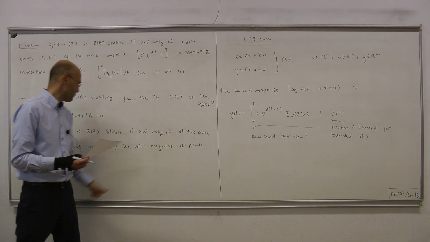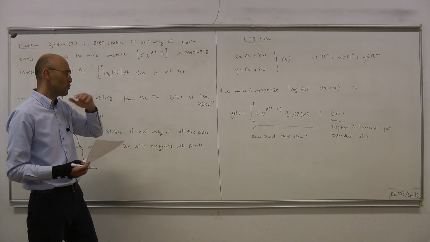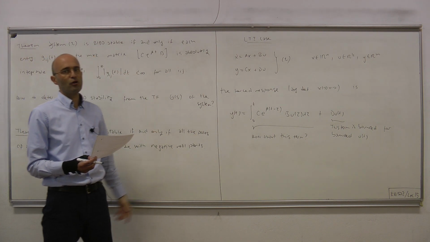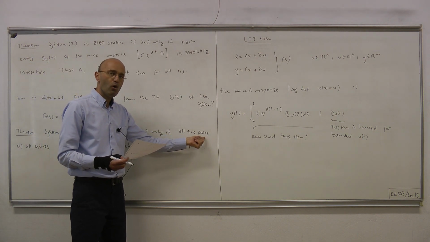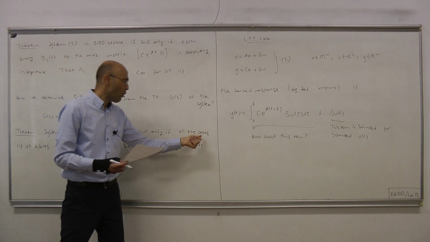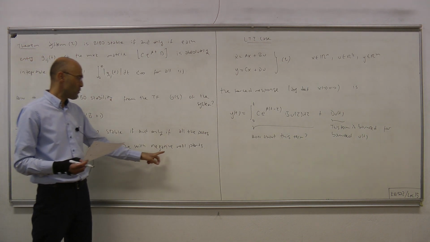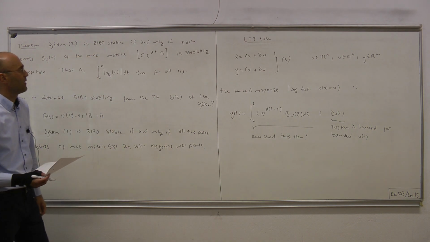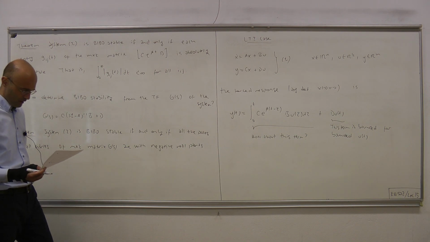By poles of each of those entries we mean that for each entry you look at the denominator polynomial, and the roots of that denominator polynomial are what we're calling the poles of that entry. So you go entry by entry, you check all the poles, and if all those poles coming from all those entries have negative real parts, and only then, the system is bounded input, bounded output stable.